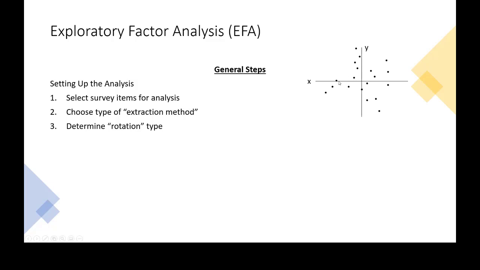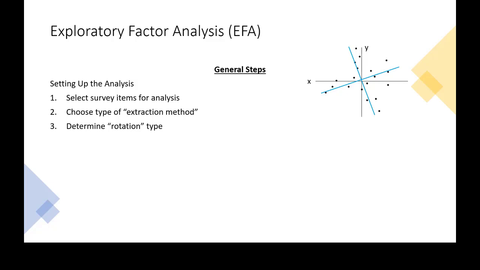Items that group more closely to the X factor are more likely to be part of that X factor. Those grouping more closely to the Y axis are more likely to be part of that Y factor. But you notice that there's still a lot of variability around these points. Rotation is about taking those two axes and literally rotating them in a way that best captures how these items relate to their corresponding factor.